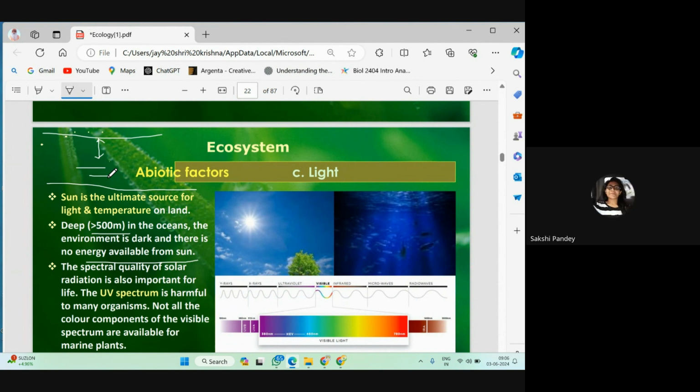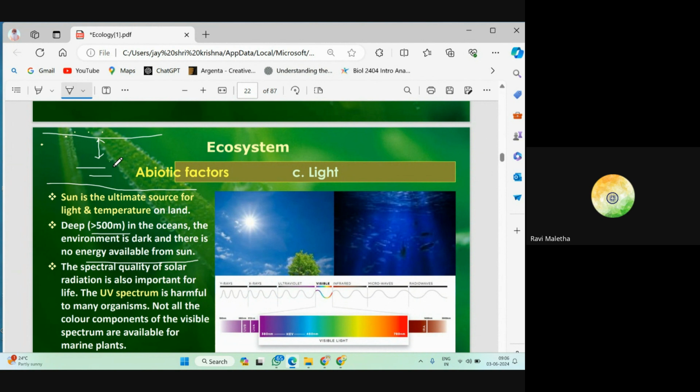So maybe they don't need sunlight for survival. In the sea there is very good management; you can see good management everywhere in nature.